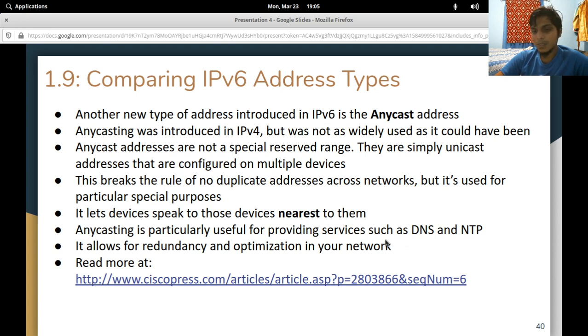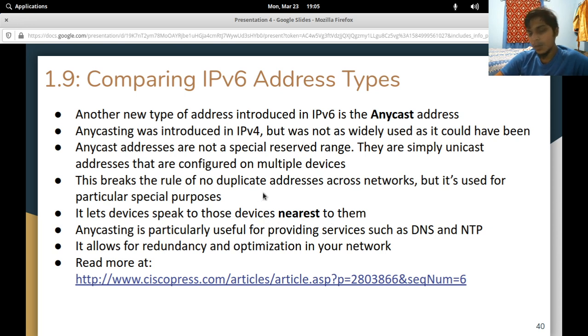I mentioned this for the Google servers before. You have a bunch of servers around the world sharing the same unicast addresses, configured on multiple devices. The reason for this is that when any network device wants to reach these special addresses, it just goes to the device nearest to it.